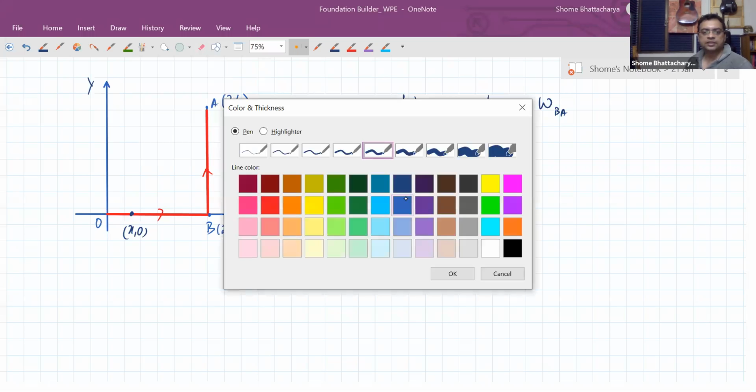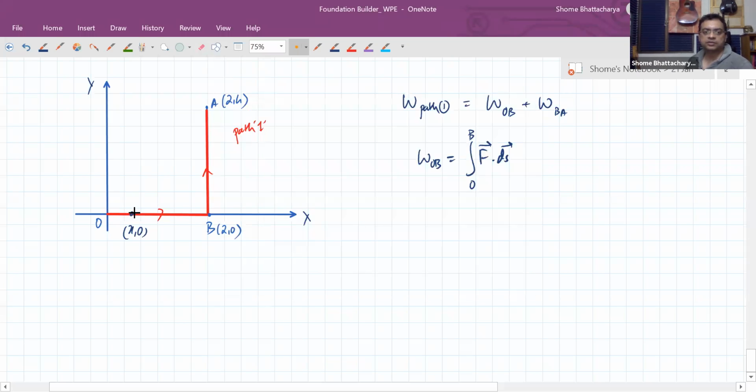We can see that the force acting on it will have both components, because the general expression of force was 3x² i cap plus 4 j cap. This was the general expression for force.